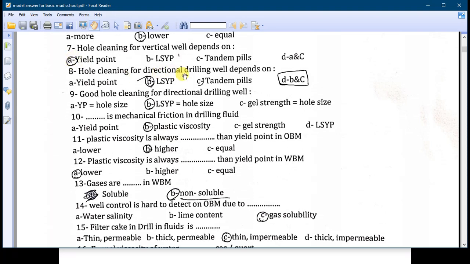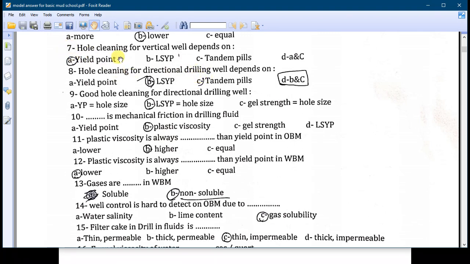But in directional, which is the next question, hole cleaning for directional drilling depends on the value of the low shear yield point. It must be equal to the hole size. The 6 RPM reading must be one and a half times the hole size. It also depends on taking tandem pills from time to time, low-vis high-weighted pills, in order to make good hole cleaning.